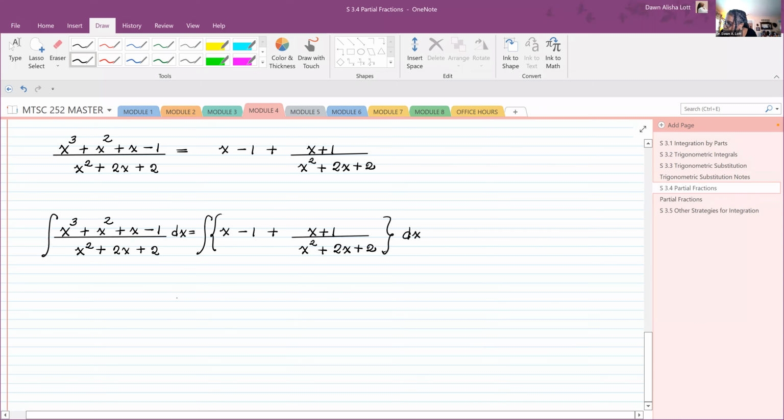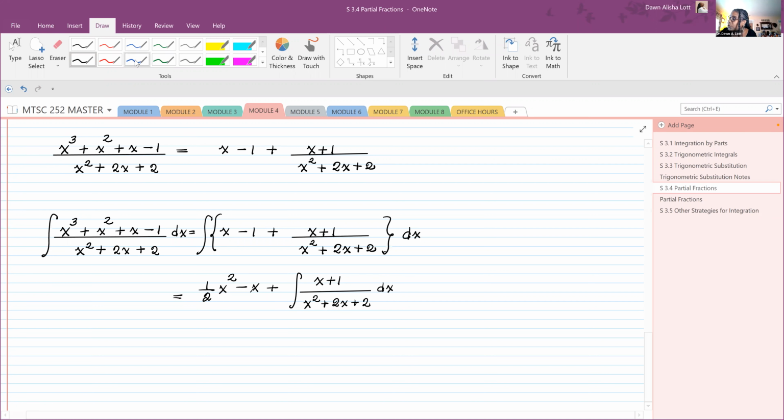Now the first piece is easy. It integrates to 1/2 x squared. The second piece integrates to x. And then I have the third piece, which is the integral of x plus 1 over x squared plus 2x plus 2 dx.